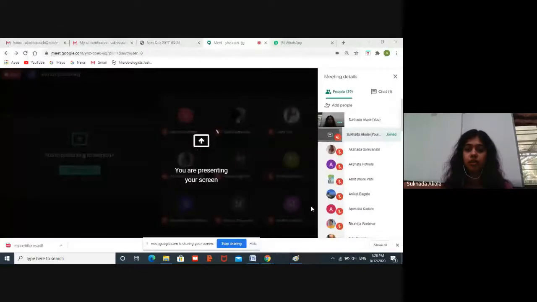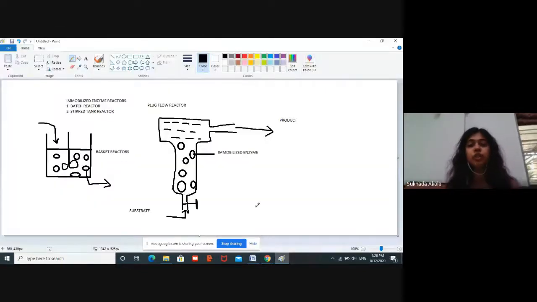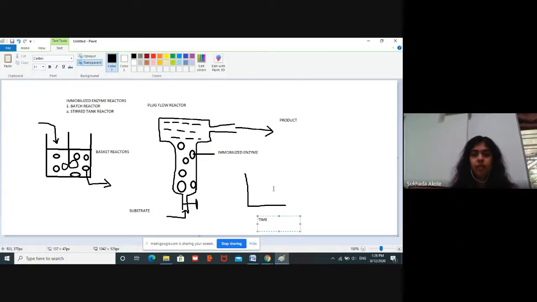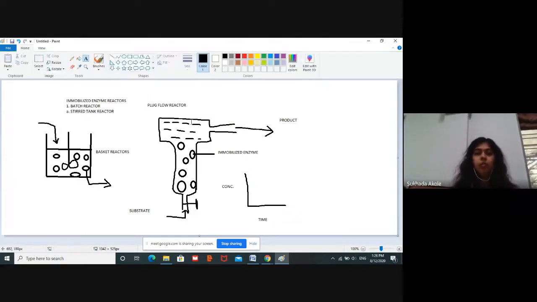If my system is a plug flow system, then what I will get is a graph of time versus concentration. So here I have my time and here I have my concentration. And what I am going to get is a straight line graph.